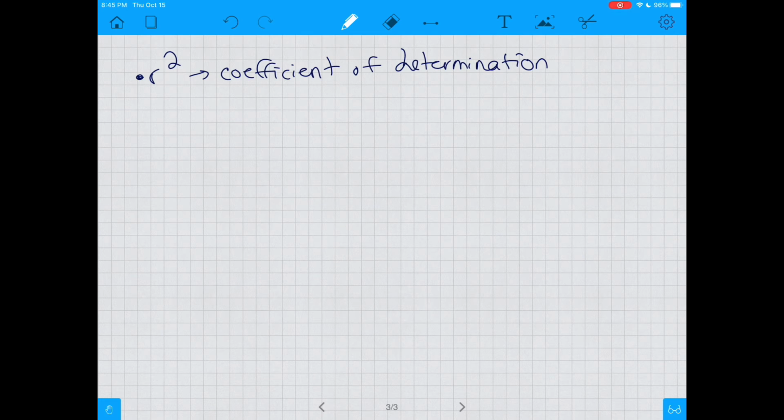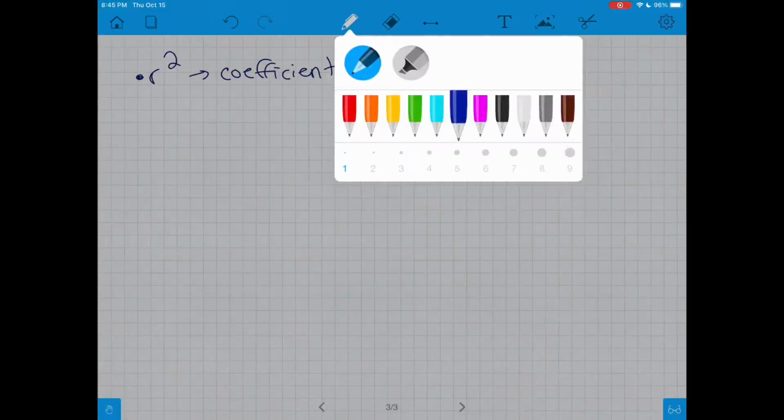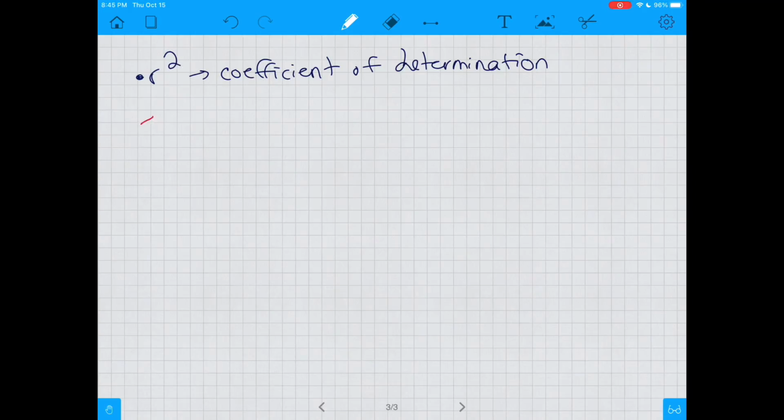And now there's a very, very formulaic answer to this question. Here's our fill in the blank. If the question is to interpret the coefficient of determination, here is the response.